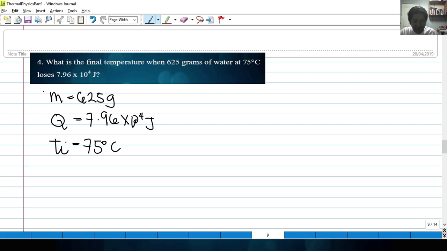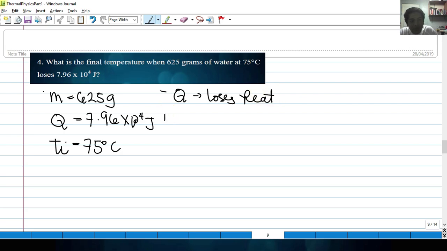Now, if the problem says that it loses heat, it means that our heat should be negative. Again, if the problem says that the object loses heat, we have a negative Q. So let's write: negative Q means loses heat.